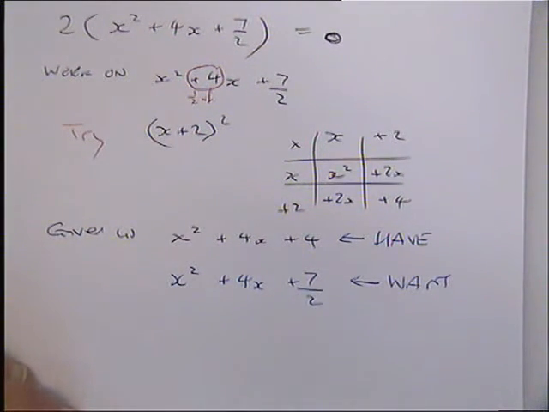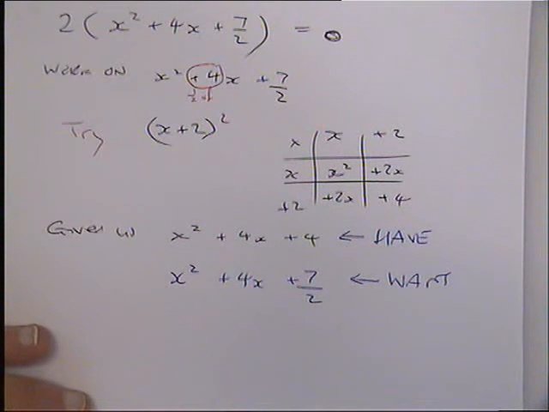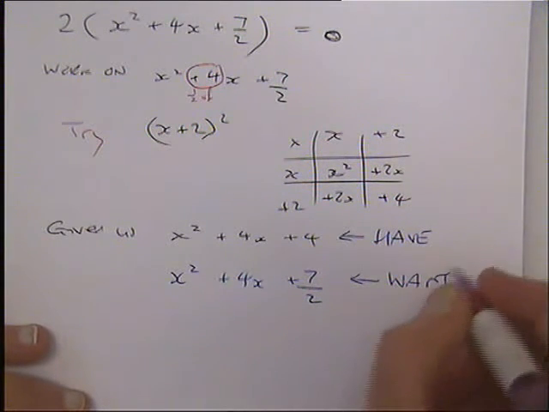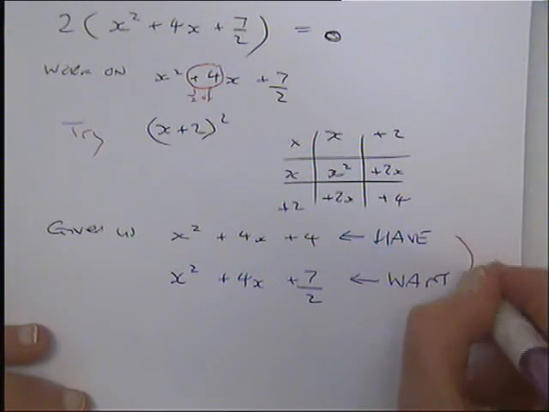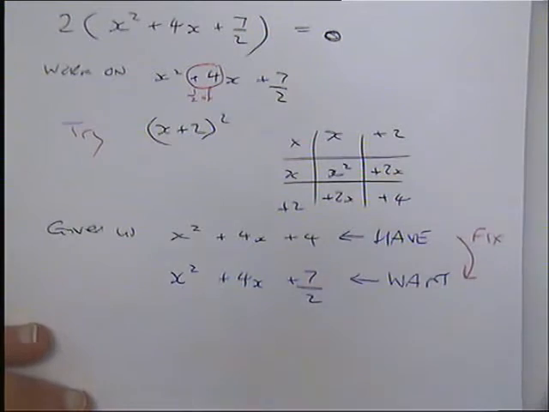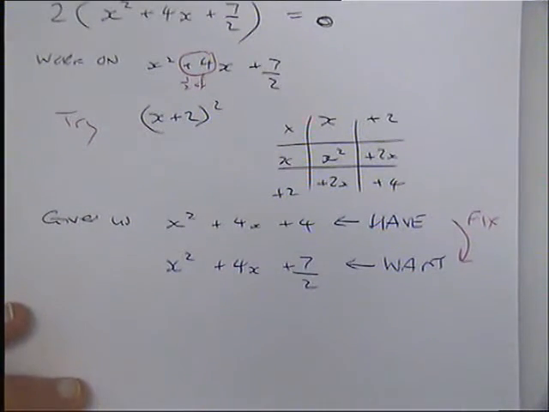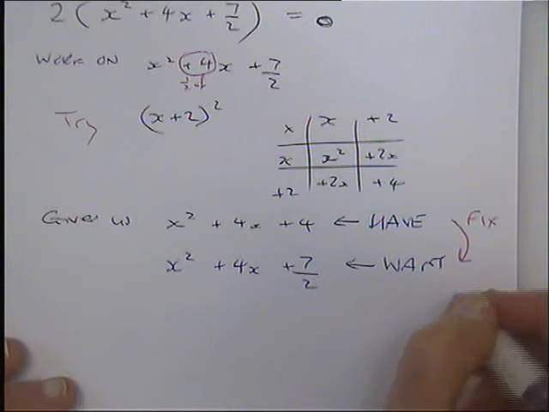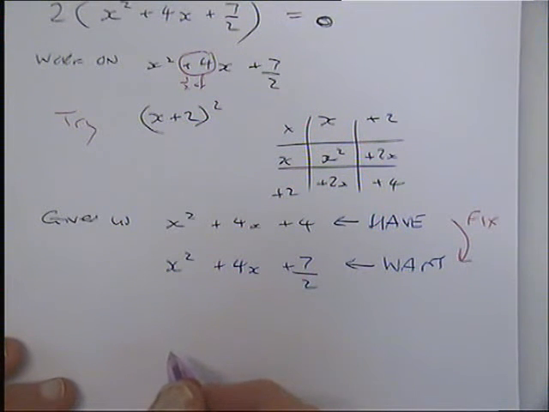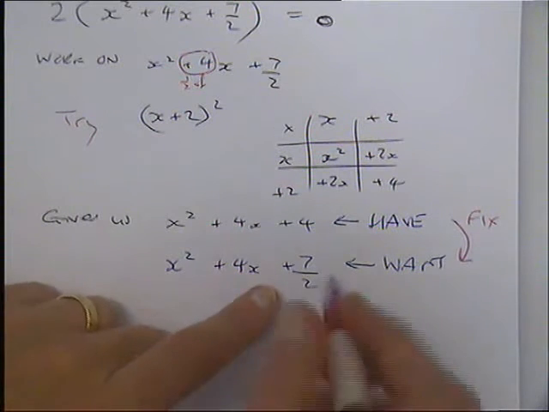So what was the next step? When we knew what we had and what we wanted, what was the next thing we did? Yeah, we needed a fix. How do we get to what we want from what we have? Okay, yeah. 7 over 2.